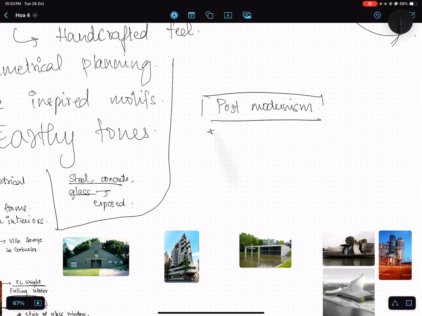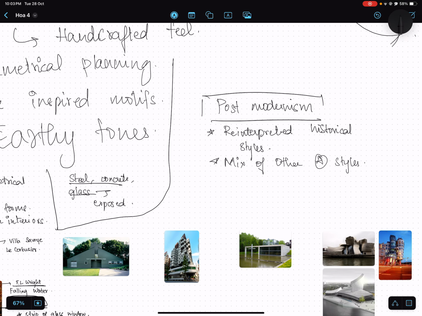So this reinterpreted historical styles and used a mix of other architectural styles as well, and not just modernism.